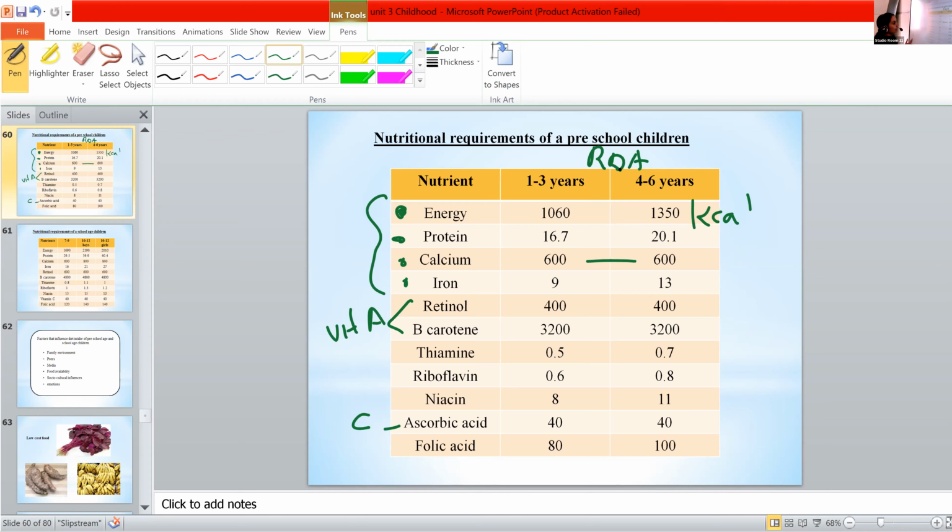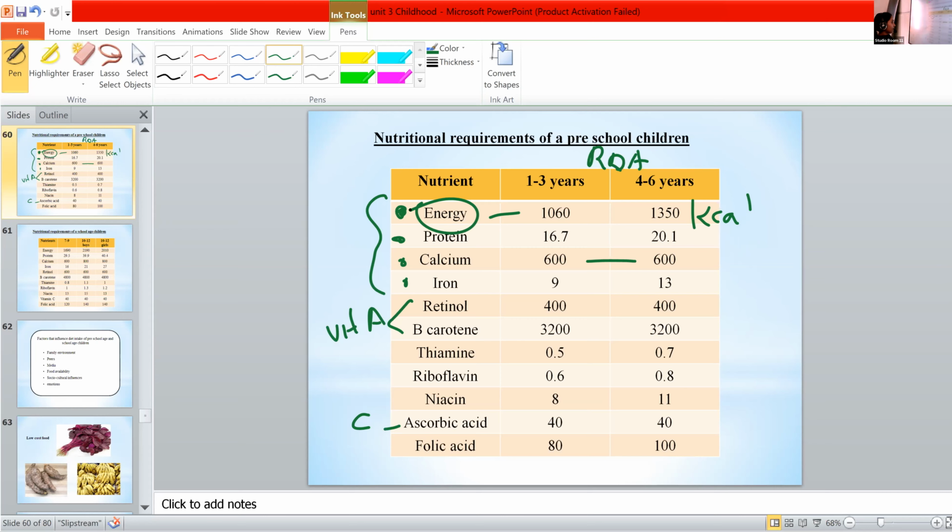Why is the requirement of energy high here? Because their physical activity is more when compared with an infant, right? All the activity is more. That is the reason for the increased value of energy. Here it's 1060 to 1350, right?